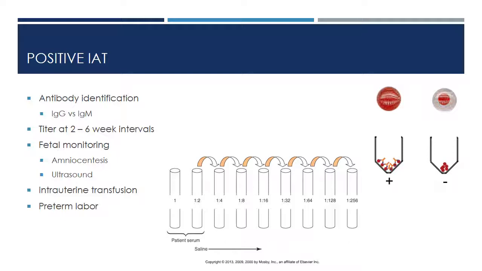So when you see that change in optical density, you're going to plot that on a graph according to your gestational age. And then that graph is going to be read in zones, which correlate with the severity of HDN. Now that means you need to be accurate on your gestational age.